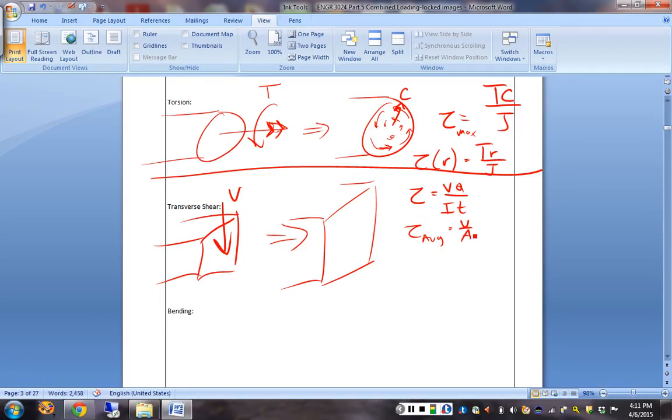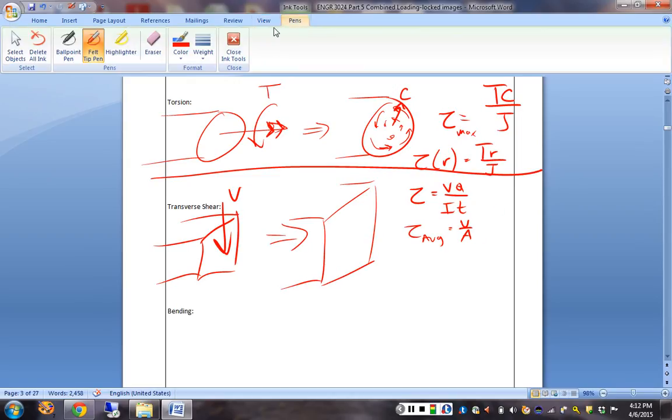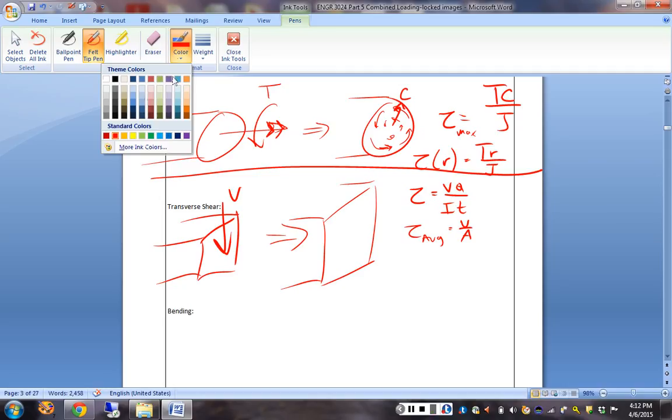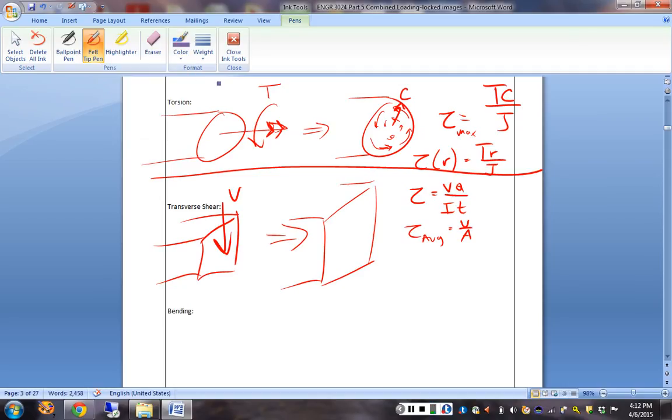If I'm talking about the specific location-related one, I end up with what kind of stress distribution? Where's my max? Is it at the outside or in the middle? It's in the middle. How much is it at the outside? It's 0. And it's the same direction everywhere.